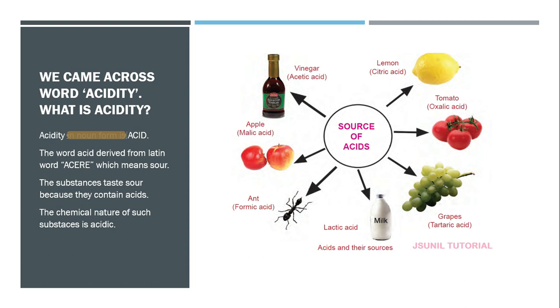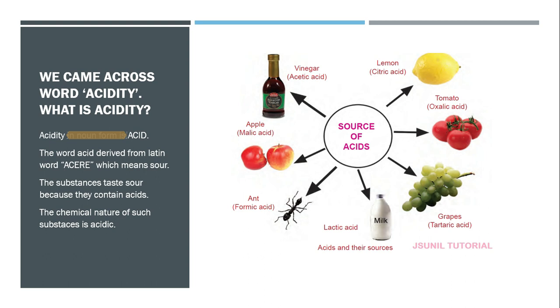Why? Because while biting it releases acid, and when this acid comes in contact with our skin, it stings. And what acid? Formic acid. Milk curd also contains acid, and that acid is lactic acid.